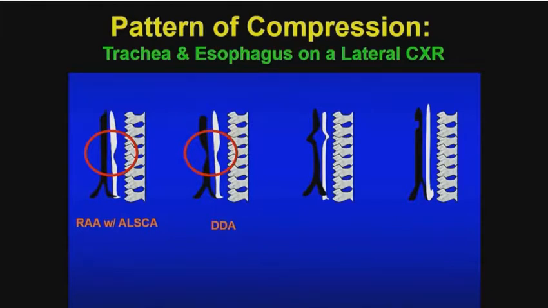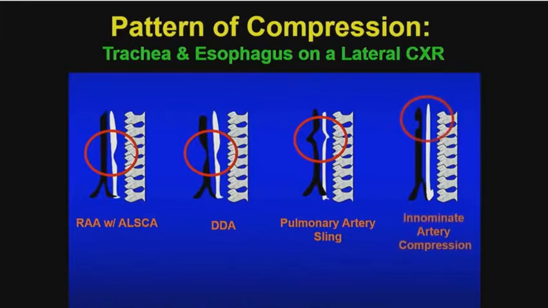What about the one we all should be able to recognize? Something is located between the trachea and esophagus and displaces them anteriorly and posteriorly, due to the left anomalous pulmonary artery in the case of pulmonary artery sling. And when you see only anterior compression of the trachea at the level of the thoracic inlet, higher up, that's due to innominate artery compression syndrome.